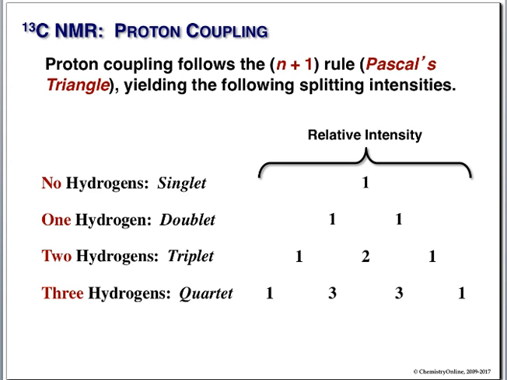That's called a doublet. 2 hydrogens, we get the triplet, 1 to 2 to 1. 3 hydrogens, we get a 1, a 3, 3, 1. That's a quartet. 3 hydrogens, 4 peaks. Any questions?